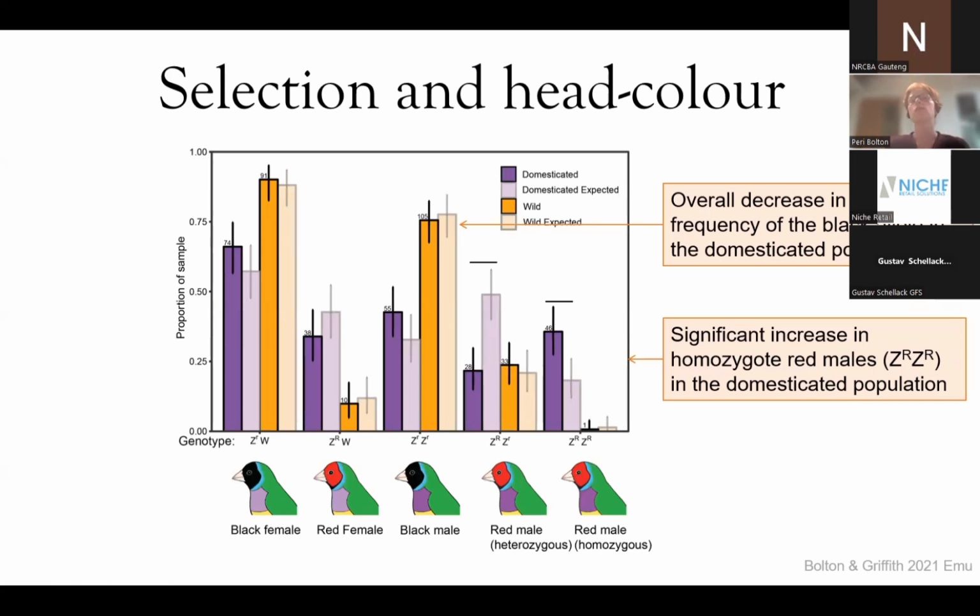But all of this is to say that the evolutionary processes going on in captivity are different from the wild, and therefore this may explain the results, the evolution of incompatibility in the domesticated populations, but not in the wild populations.